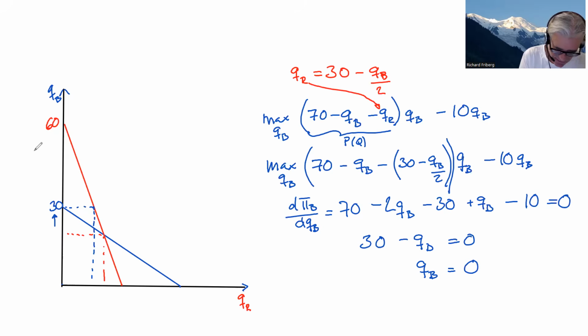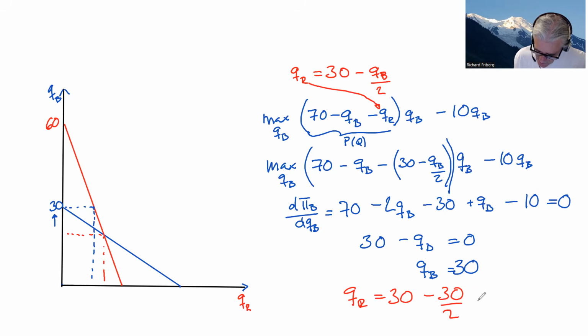Well, let's just plug in the QB. Oh, 0, that's not right. That should be a 30 there. And for red, what's red's quantity? Well, that's QR equals 30 minus QB over 2, which is 30 over 2, equals 15.